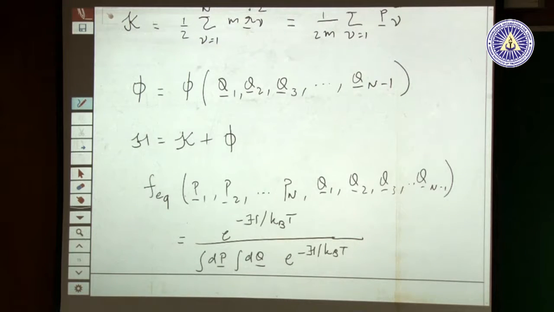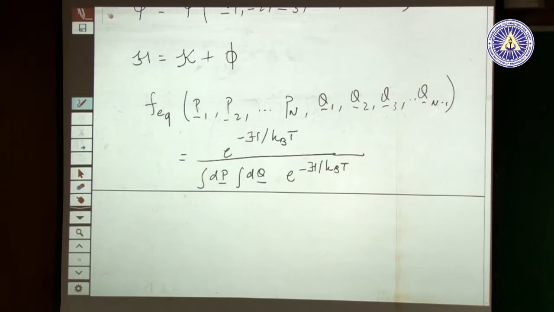Okay. This comes from statistical mechanics, and I know the kinetic energy and I know the potential energy, and therefore, in principle I can find it.